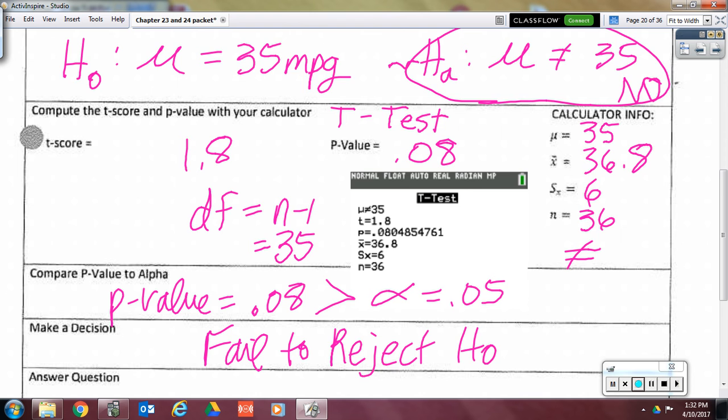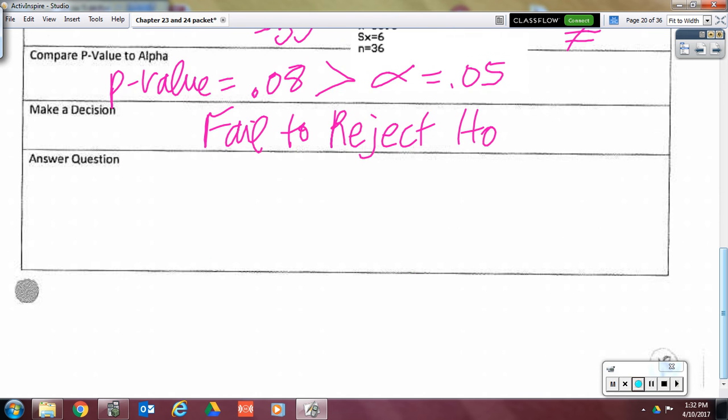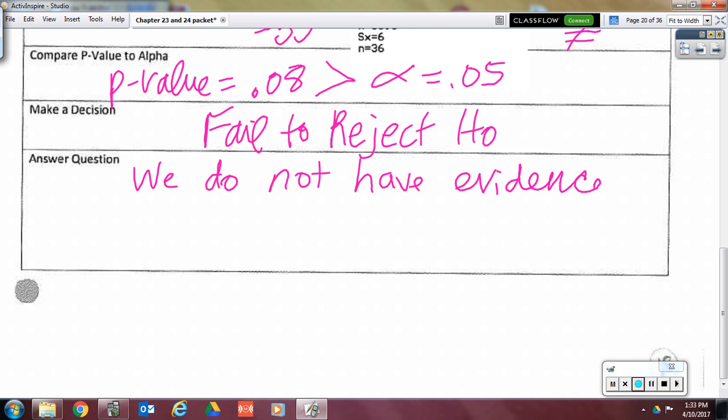No, we do not have evidence that the average miles per gallon of all 1991 G cars is different than 35. So we don't have evidence to say that the EPA is wrong.